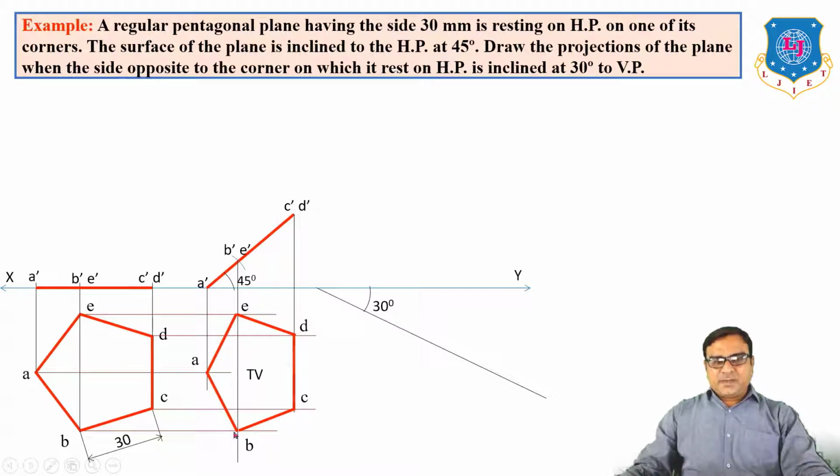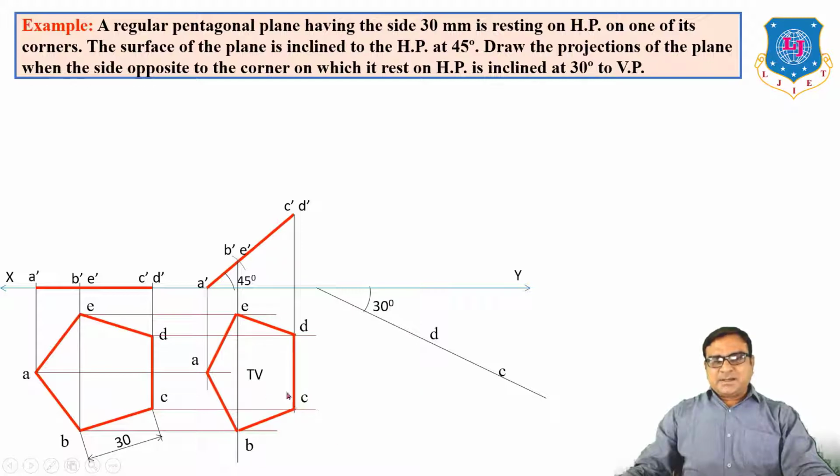We have to copy and paste this shape, step number 4, here in such a way that CD will be at 30 degrees with X. So first of all, draw one 30 degree inclined line. Now put C and D points first. Then to obtain the remaining points A, B and E, you can use the box method or arc method.